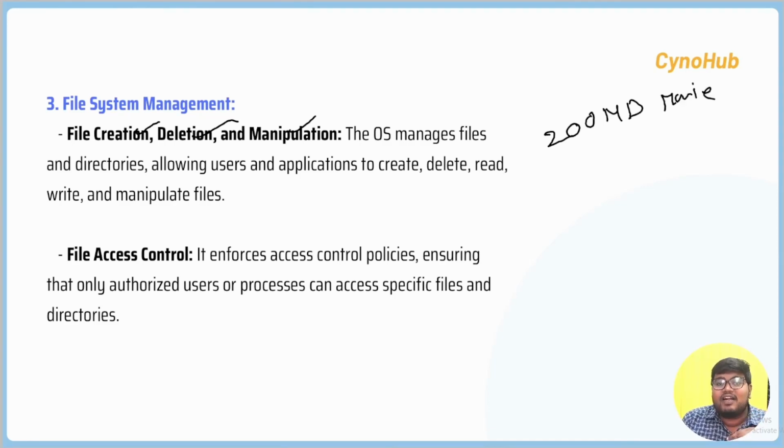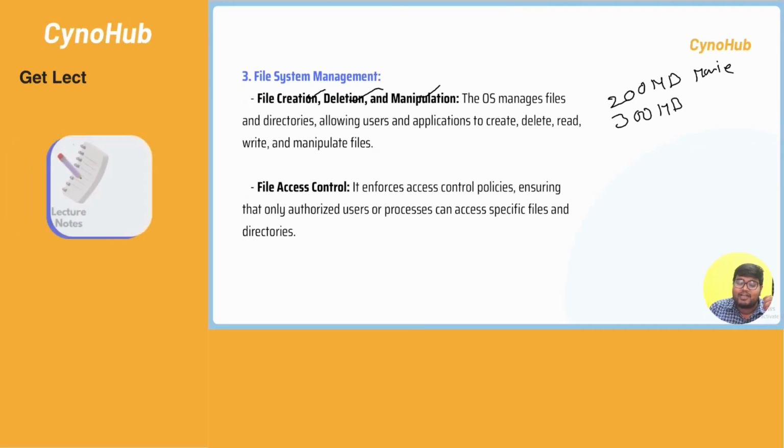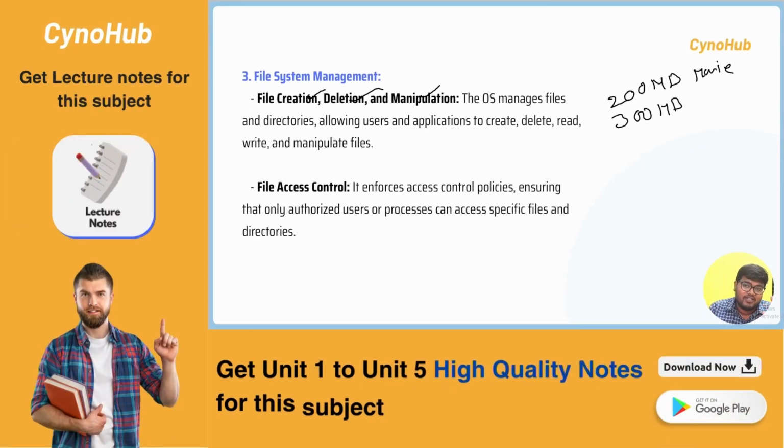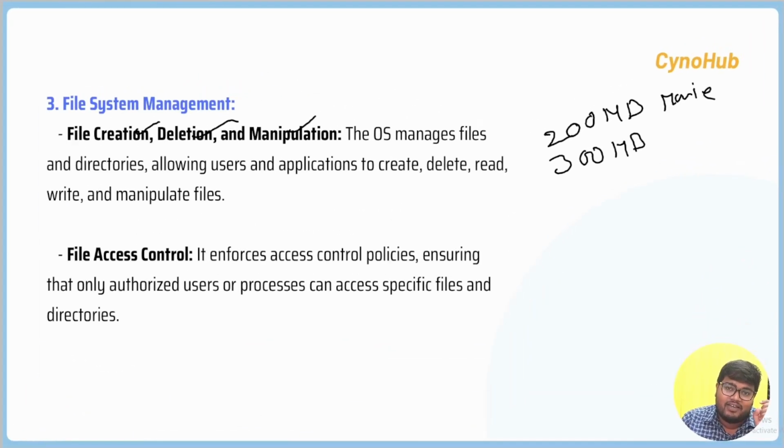I want to insert another movie also, that is 300 MB. So file manipulation is nothing but in a single folder I can store multiple pieces of information. That is called file manipulation. Either you can call it a text file, doc file, image file, or you can take it as one folder also. That is file manipulation, file creation and file deletion.